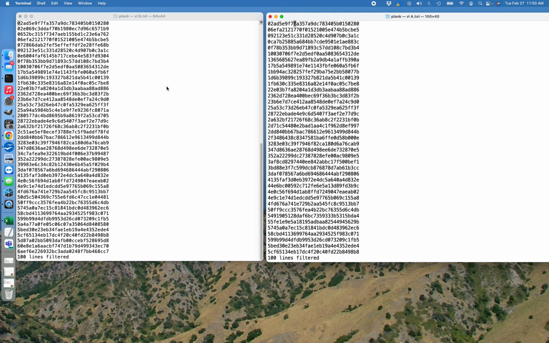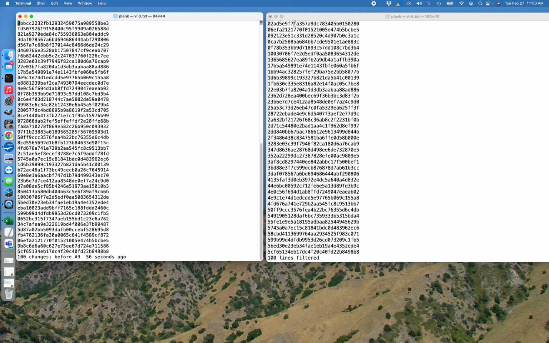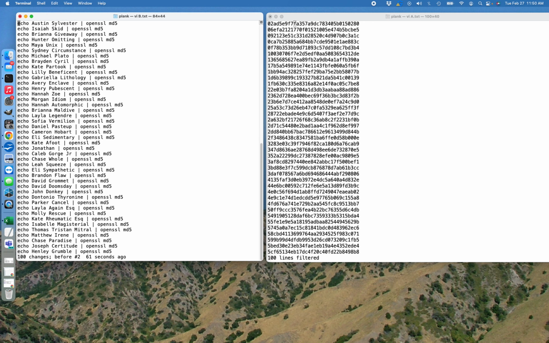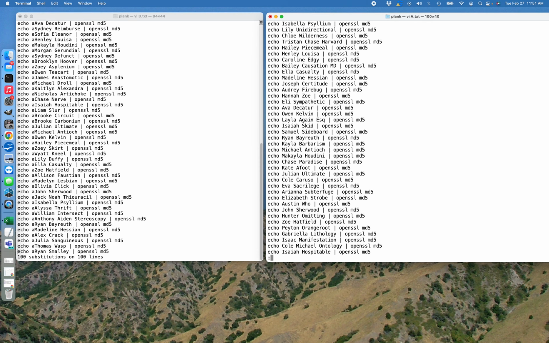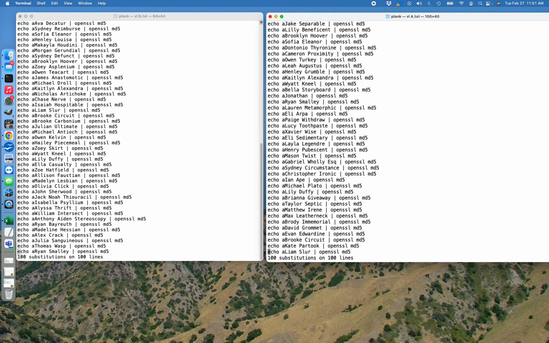Now, how would I use a different hash function? How do you get a different hash function? Here, let's put a lowercase a in front of every name. So, substitute echo with echo a. Same thing here. Echo a. That's a different hash function. It's the same thing we did before.